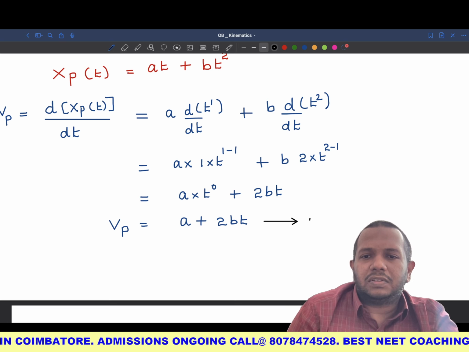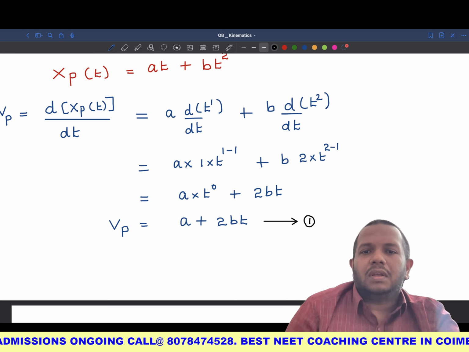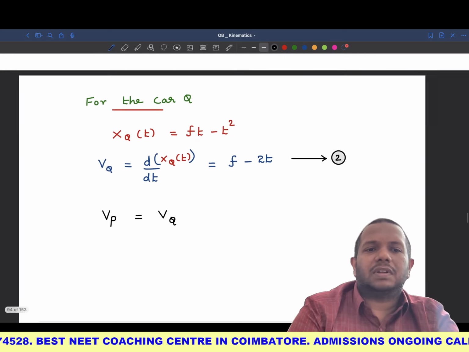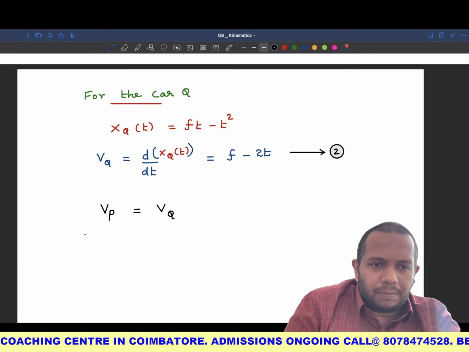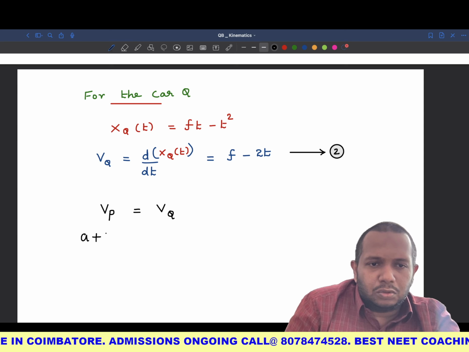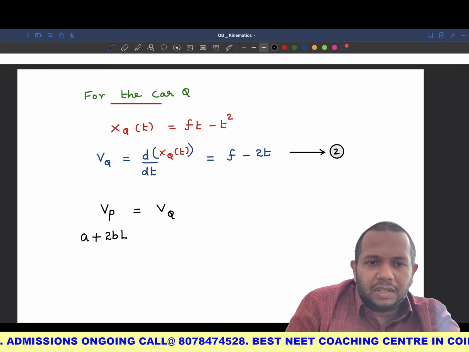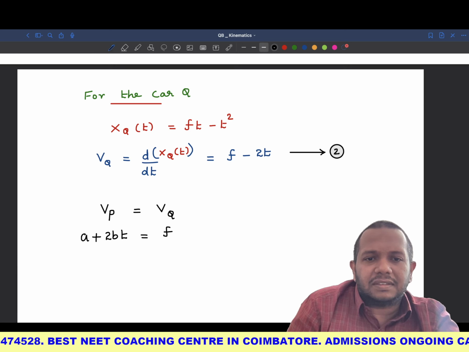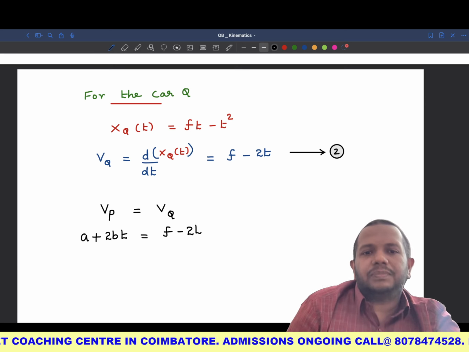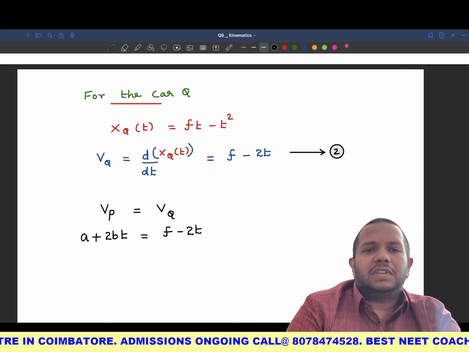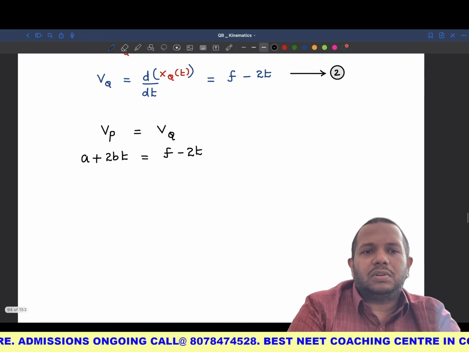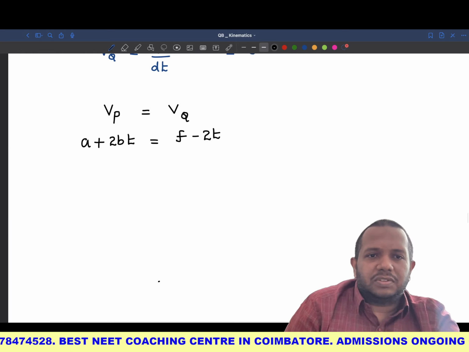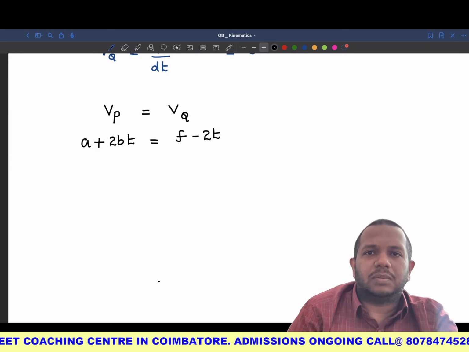So from equation number 1, Vp I am getting is a plus 2bt, and Vq is equal to f minus 2t. Now we can rearrange the terms in such a way that all the t terms come together.